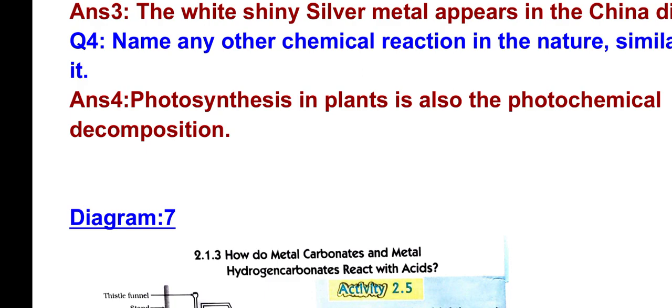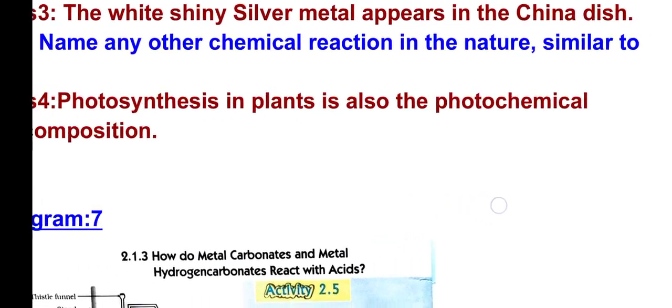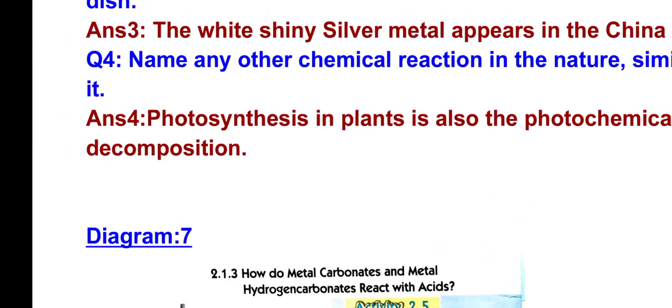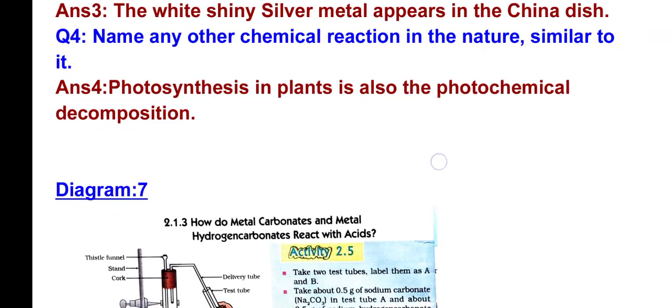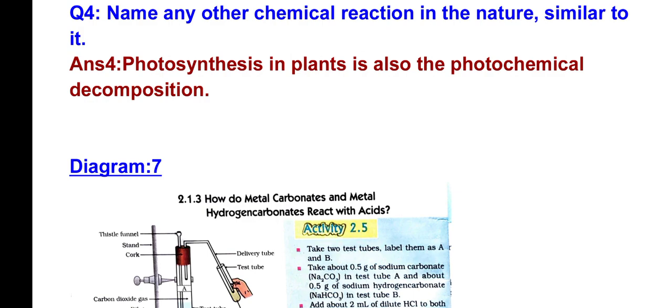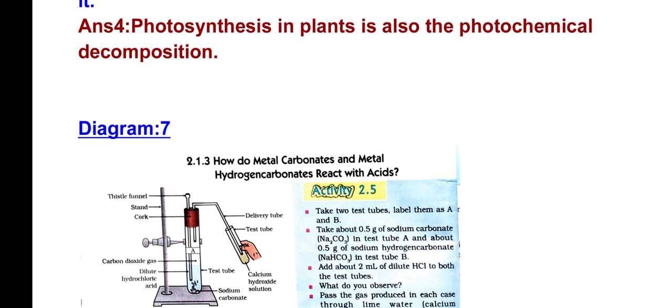Now name any chemical reaction which happens in nature which is similar to the reaction above. Means name another chemical reaction which is a photochemical reaction. The answer is photosynthesis in plants is also a photochemical decomposition which happens in nature with the help of light.